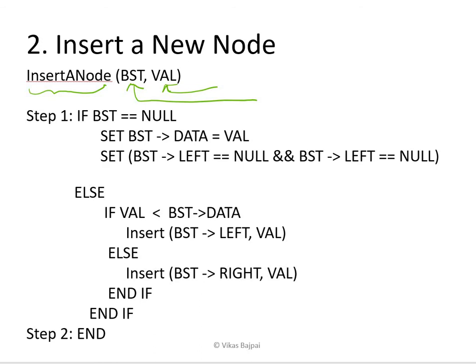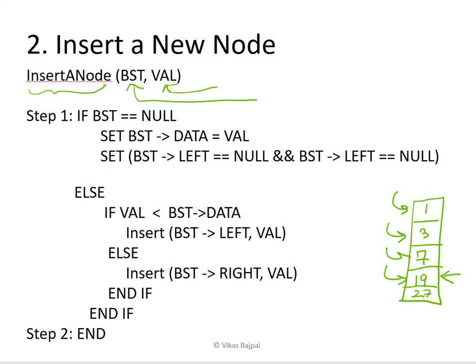So for searching a particular value, if suppose I have an array, and it is sorted, and I need to search for a particular value, let's say 19. What we do is we start with this, we move to this, we move to this, we move to this, and we are done with it.